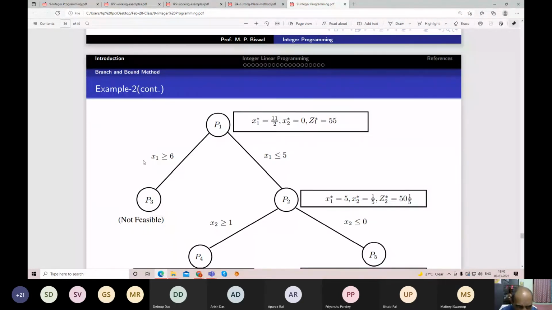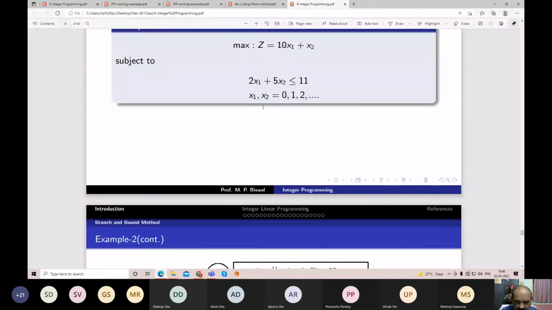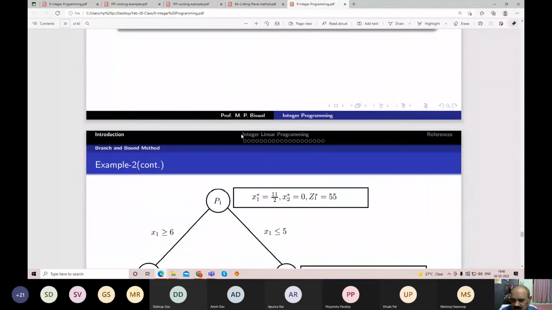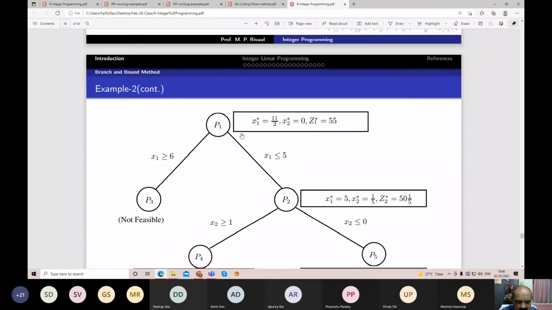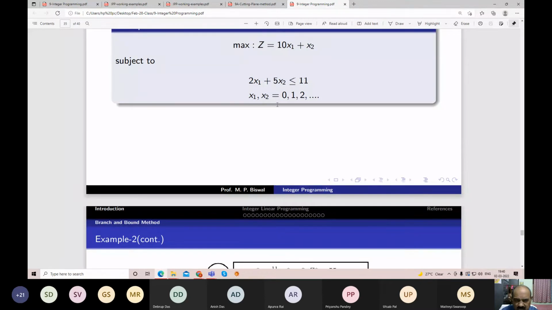You impose this constraint and solve it. If you impose this constraint, the problem is not feasible. In this problem, this is our P1, and for P2 another constraint you are adding, x1 greater than or equal to 6. So will the problem be feasible or infeasible?